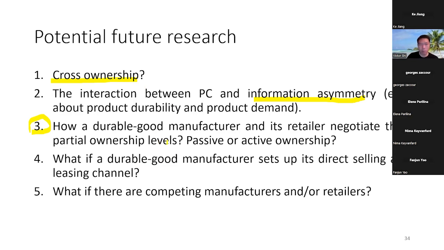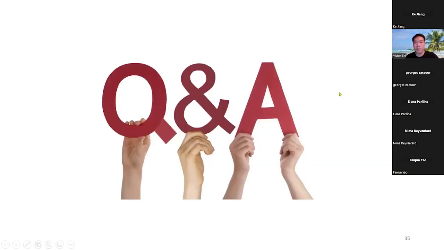Maybe that relates to financing and so on. Number 4, what if the manufacturer can set up its own direct selling and leasing channel? As we said, leasing can solve the durable goods problem, so how about considering leasing in your model? And then you can consider multiple competing manufacturers and multiple retailers. I think my time is over.